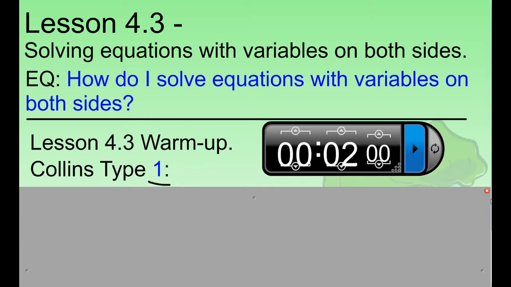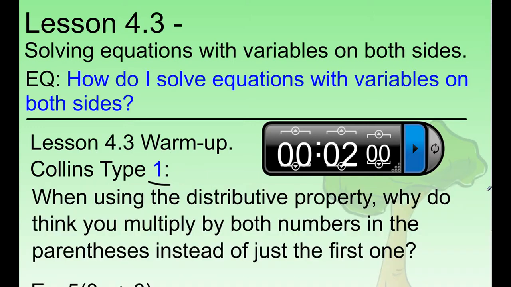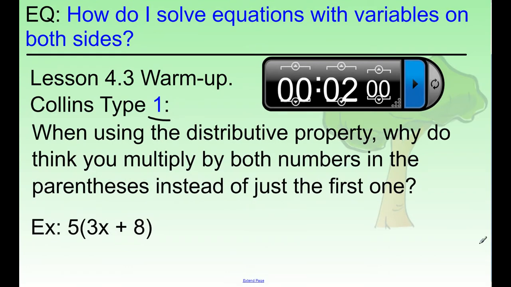You have 2 minutes on the clock, and it says, when using the distributive property, why do you multiply by both numbers in the parentheses instead of just the first one? So I gave an example here so you can think about that. Why do you take this 5 times this and times this instead of just 5 times the first one?